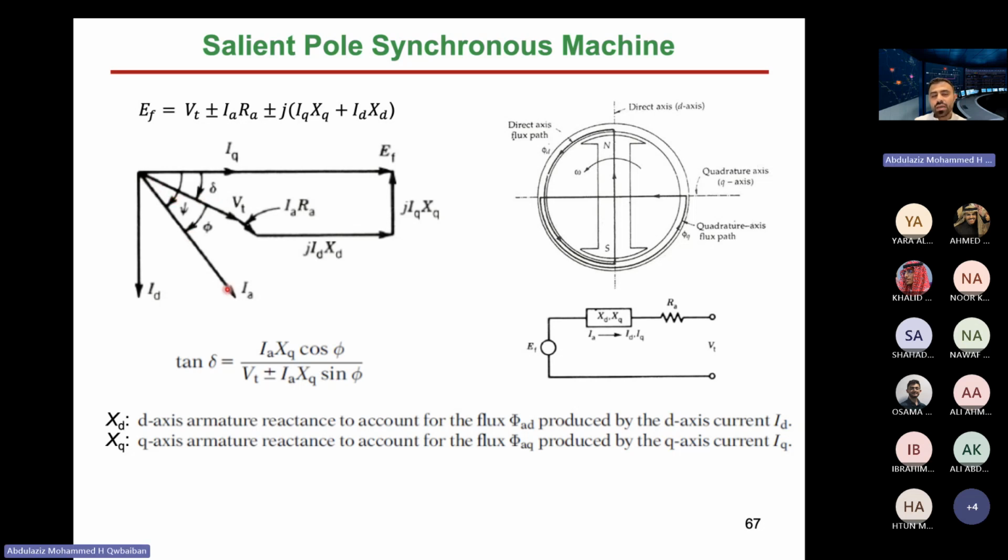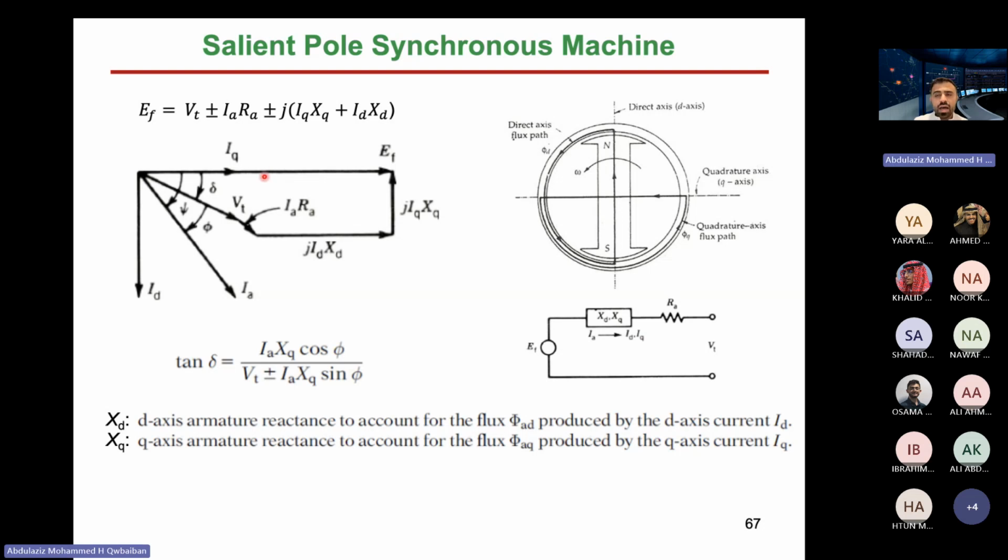So IA, you have to decompose now into two components, the direct axis component and the quadrature axis component. So IA is ID plus IQ in this single phase circuit.